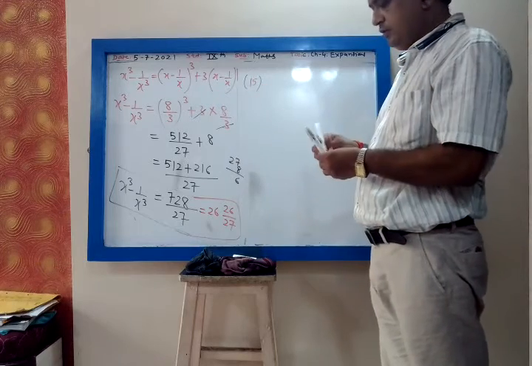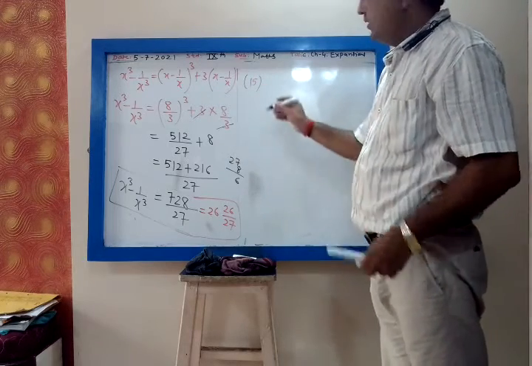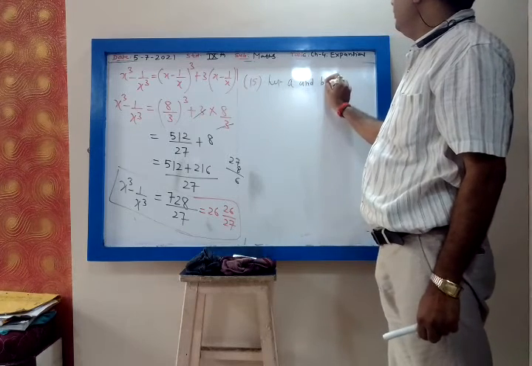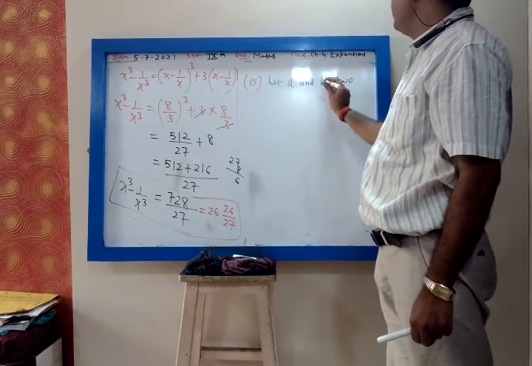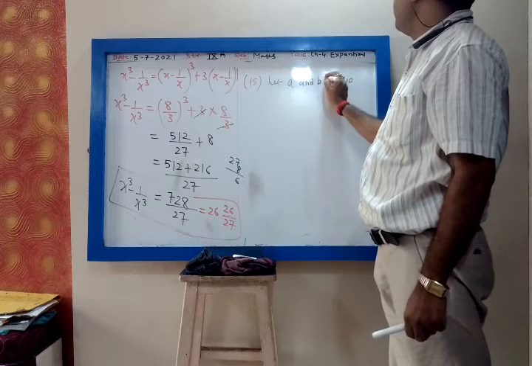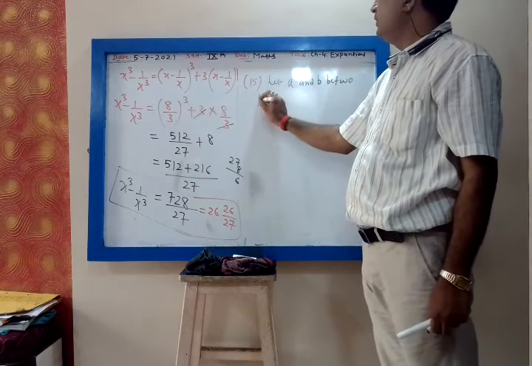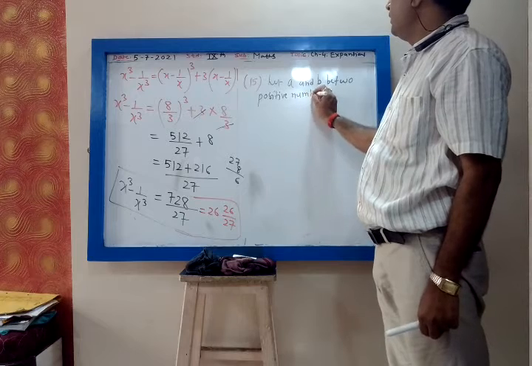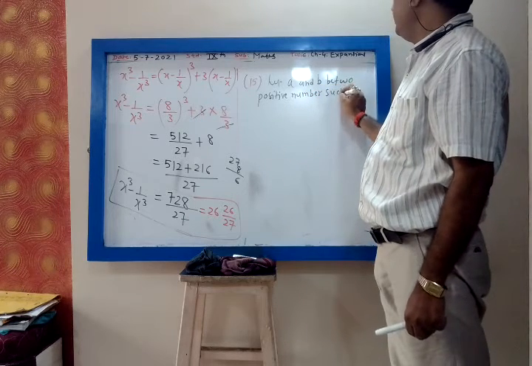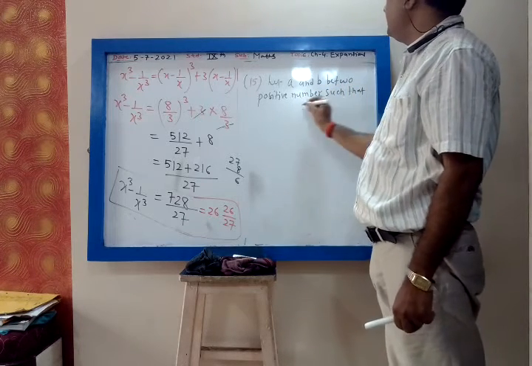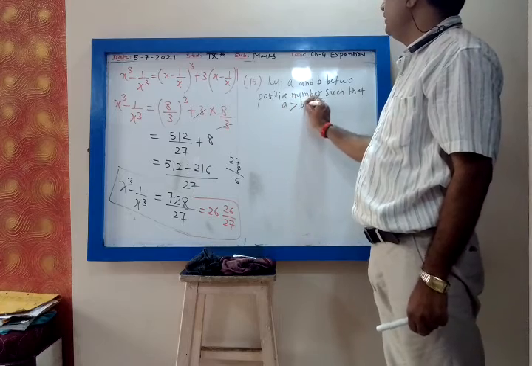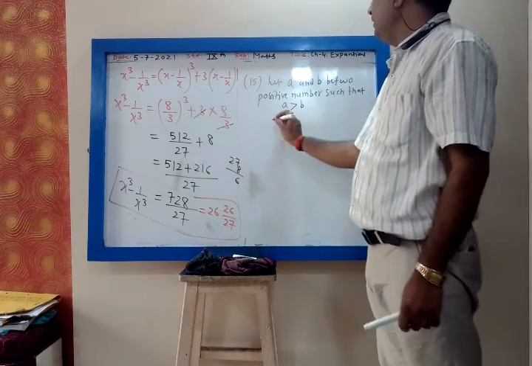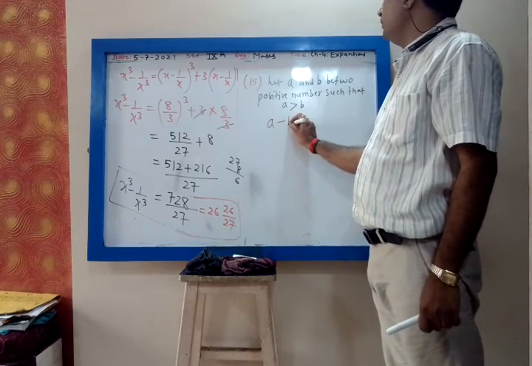So you will write 15. Let A and B be two positive numbers such that you have to take one bigger, such that A is greater than B. I have taken A greater than B. Now the difference between two positive numbers is 4, means A minus B is 4.